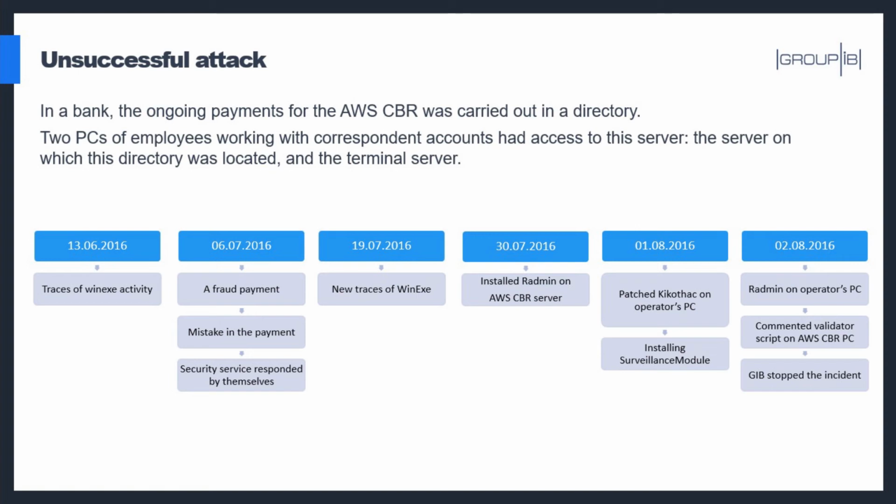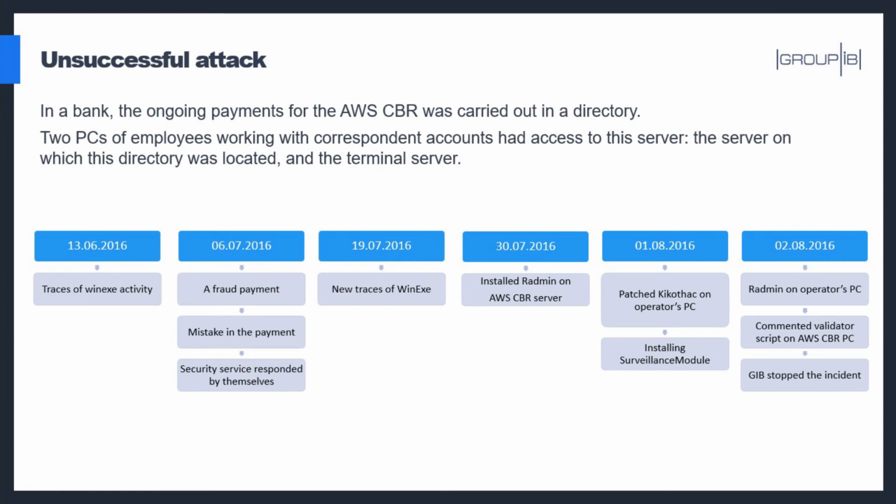Criminals decided to study operators' work and avoid repeating an error in payment. So the next day, Silence commented out lines of code responsible for checking transactions.